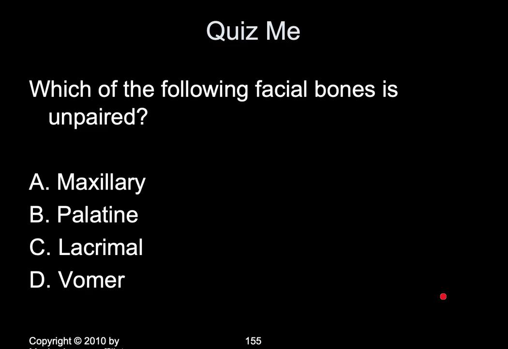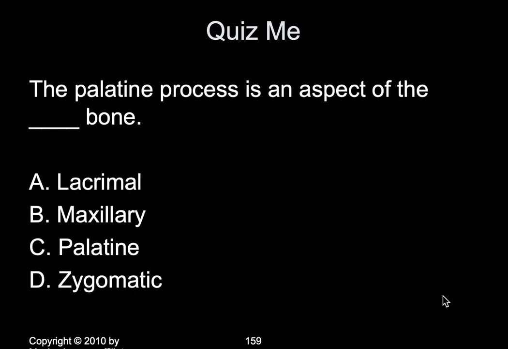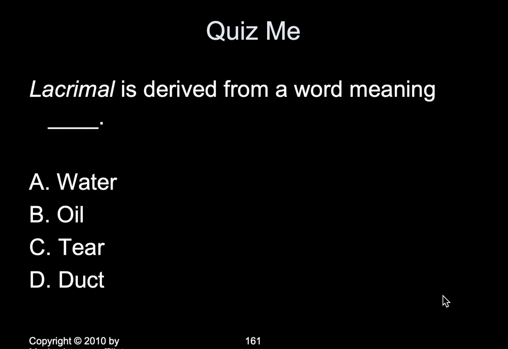Remember, there's several that are paired. Which one is unpaired? The vomer bone is unpaired. The anterior nasal spine is an aspect of what bone? The maxillary bone. The palatine process is an aspect of what bone? The maxillary bone. Lacrimal is derived from a word meaning water, oil, tear, or duct.